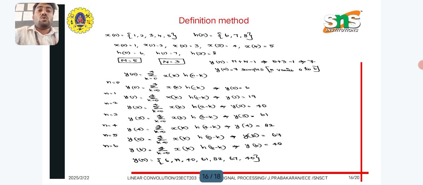Here the number of iterations runs from small n equal to 0, small n equal to 1, small n equal to 2, up to capital N minus 1. Finally we get y of n equal to y of 0, y of 1, y of 2, y of 3, y of 4, y of 5, y of 6, that is y of n equal to 6, 19, 40, 61, 82, 67, 40.